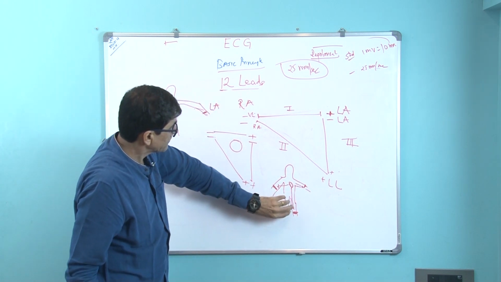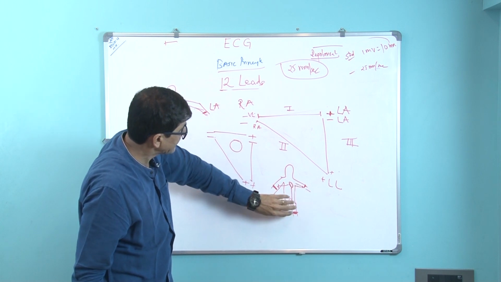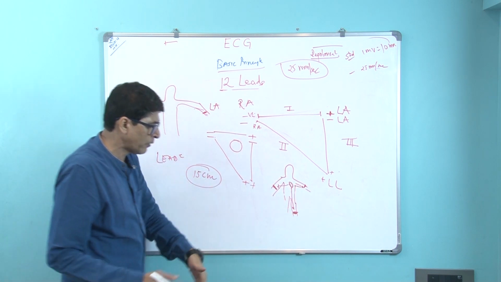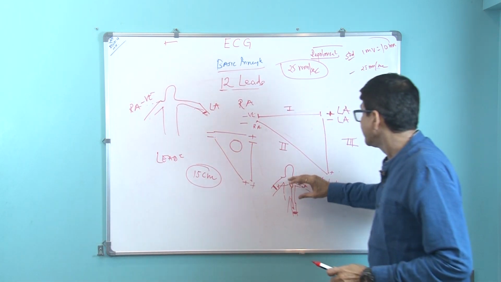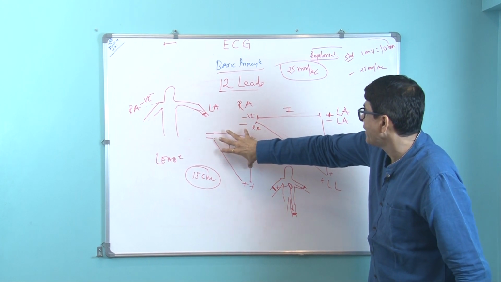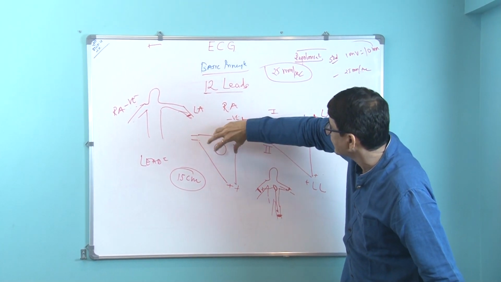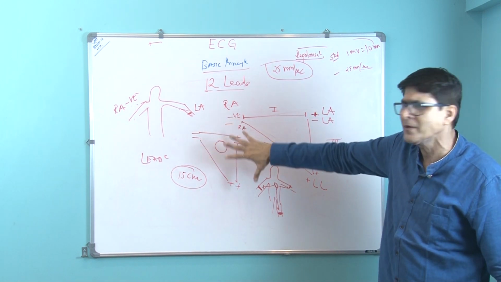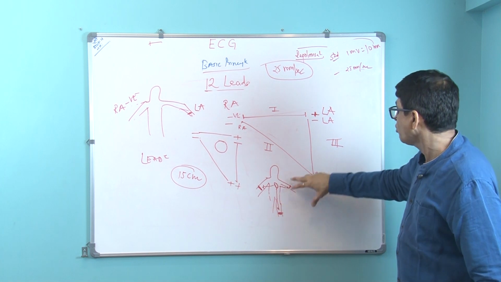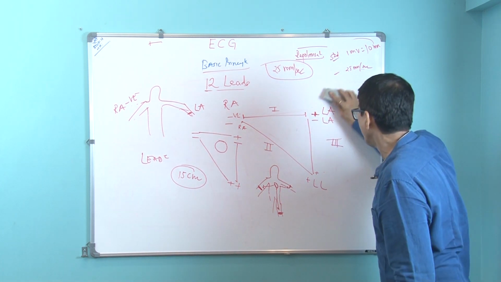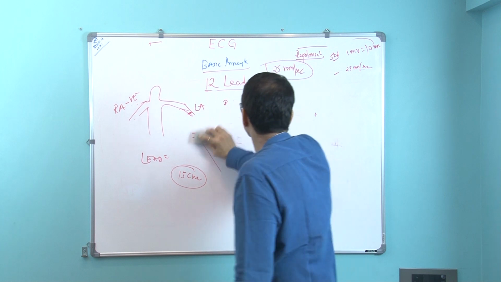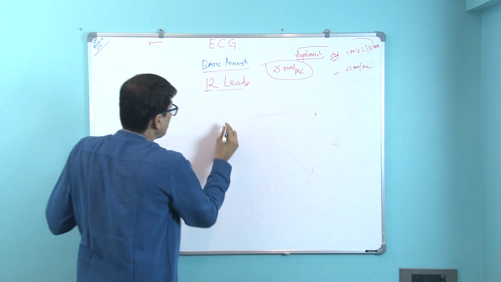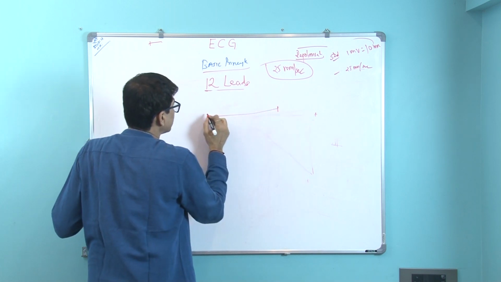That is why after 15 centimeters they are considered equidistant from the heart, because when you go away from the heart the electrical field diminishes, but after 15 centimeters there is no much difference, they are equal. So, how will the triangle form now, see. Now I can take the liberty of drawing this triangle like this.